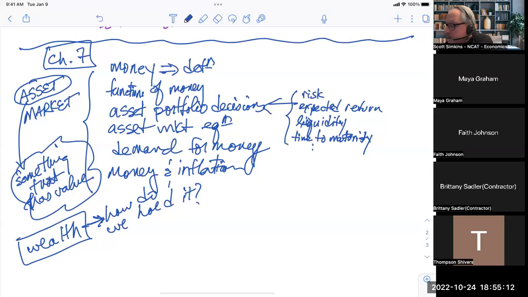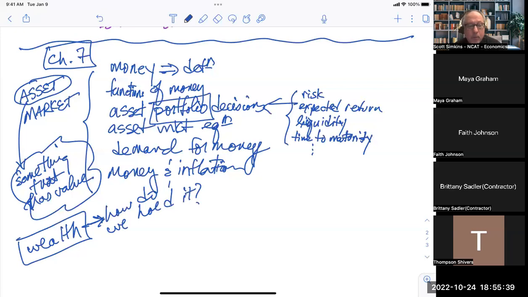There are other characteristics of assets that matter for how you decide which assets to hold. Generally, there's some portfolio, some collection of assets that you hold. You, your parents, your grandparents, your cousins, they've got stuff of value.